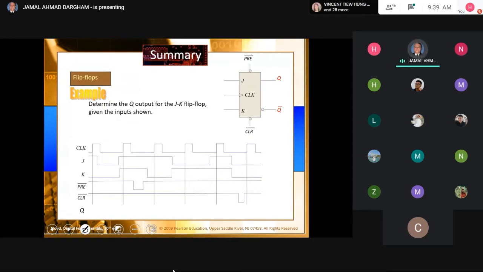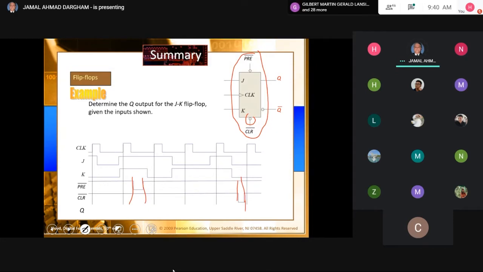So this is the timing diagram. Notice the preset and the clear have bubbles, and therefore they are active low. It means they are active when they are 0. So in this part, the preset is active, and here, the clear is active.